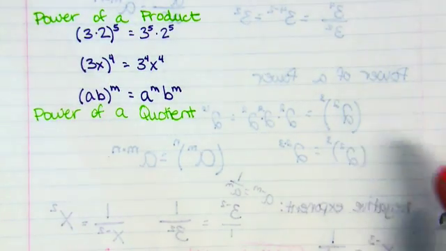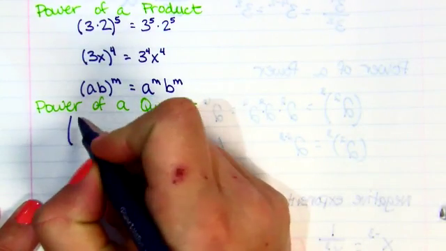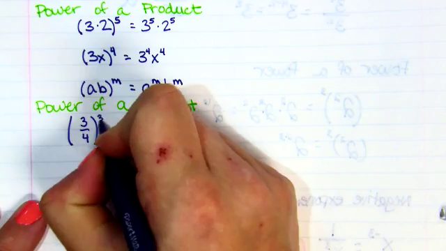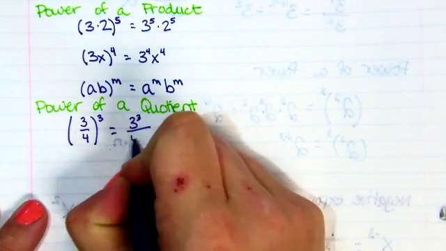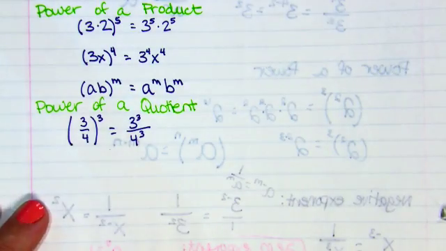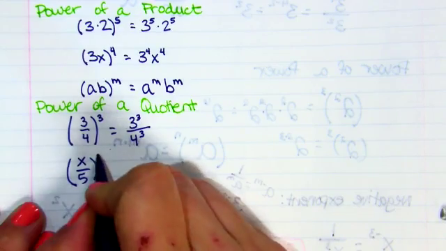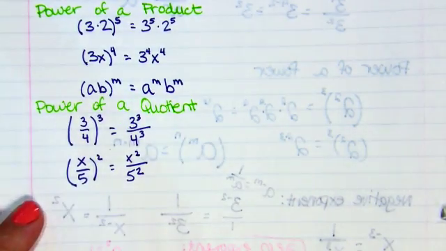The power of a quotient is really the exact same thing. If I had 3 over 4 to the 3rd power, I could write this as 3 to the 3rd power over 4 to the 3rd power. Or if this were x over 5 squared, I could write this as x squared over 5 squared.